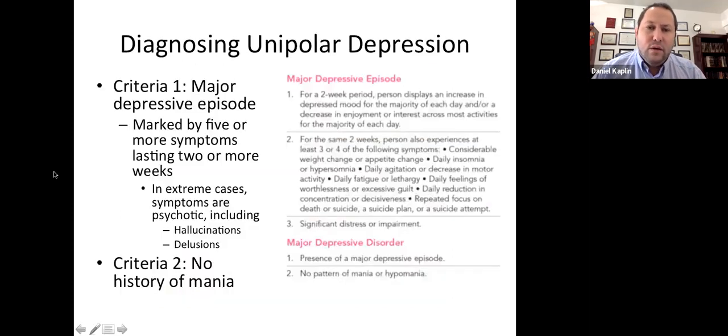So when we think of diagnosing unipolar depression, what are the criteria? The first criterion is that a person has to have at least one major depressive episode. And to have a major depressive episode, you have to have, more often than not, depressed mood for at least 2 weeks or longer for the majority of the day. And it could also include, but doesn't necessarily have to include, decreased enjoyment or interest in most activities.